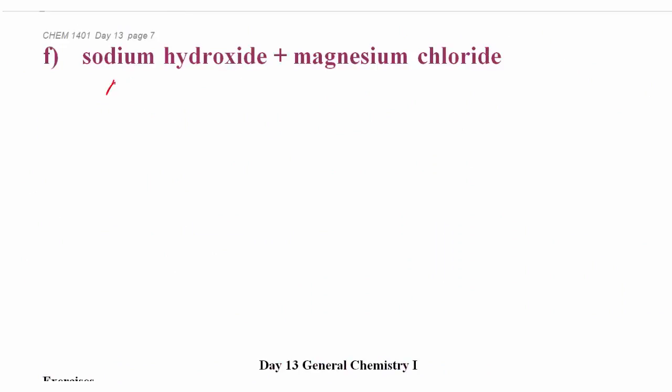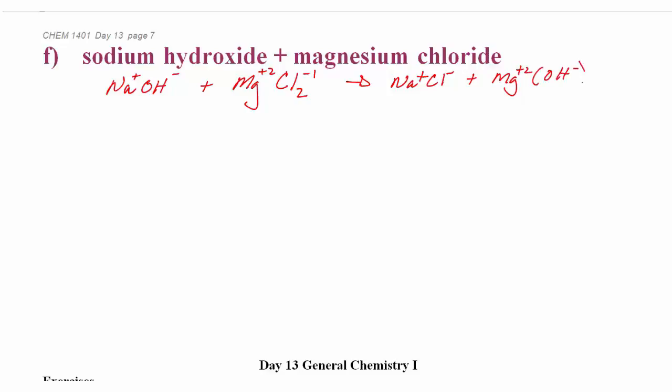Sodium hydroxide and magnesium chloride. Magnesium is in group 2, so that's a +2. Chloride is -1, so 2 has to go down there. What could it form? Combine the sodium ion with the chloride anion, and combine the magnesium ion with the hydroxide anion. Charges become subscripts.